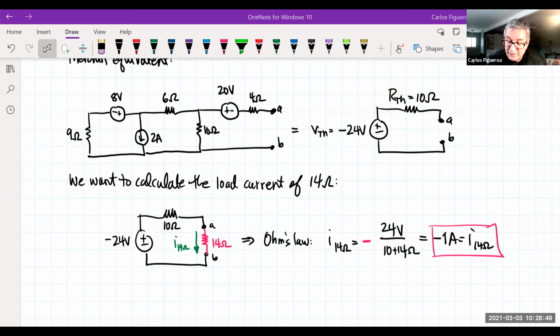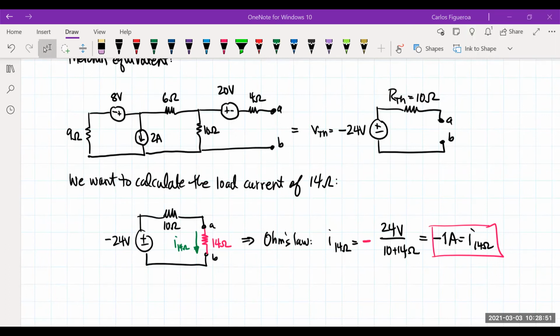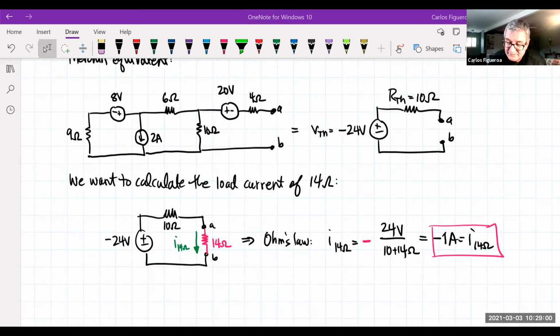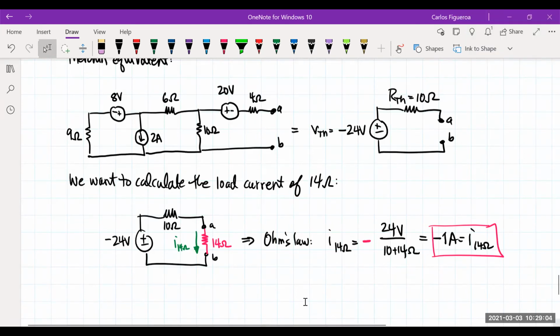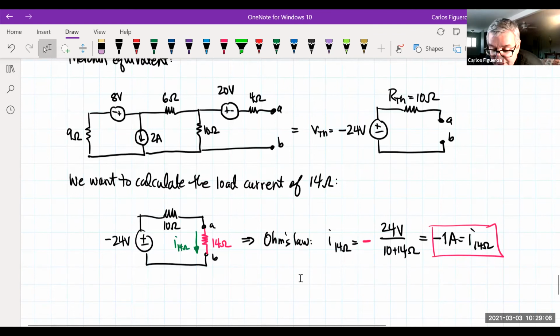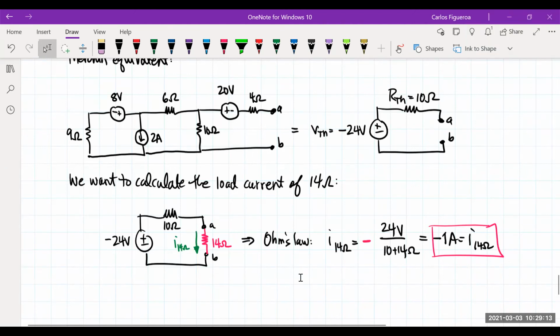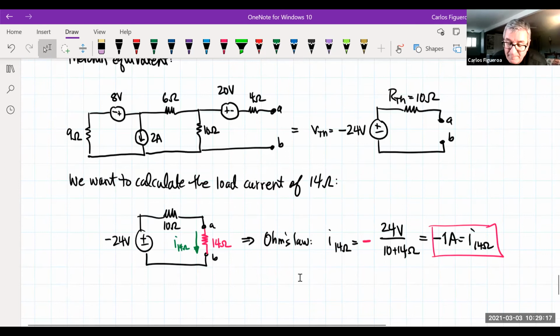Okay, Alex? Yes. Quick question. When we plug in negative 24 volts, that's going to flip the polarity of the source, correct? Yes. And then wouldn't that make the current positive? No. Because our definition of polarity is from A to B. So we always define the current from A to B. That's our reference.